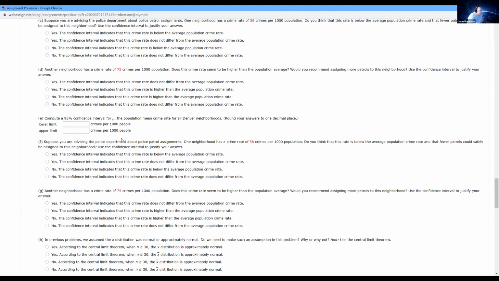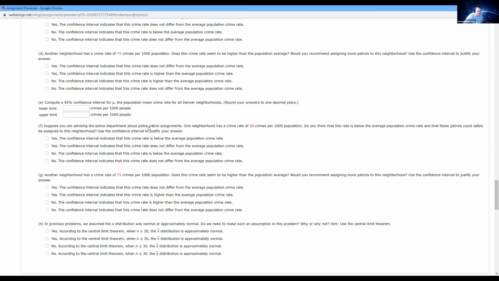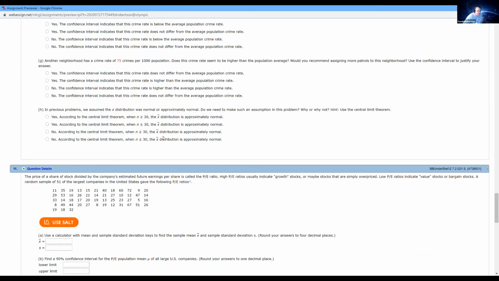If you don't know the standard deviation, you need a sample size greater than or equal to 30 before you should do the test. Secondly, if you know that the population is normal, then you do not need to worry about sample size. You can do it with 5 people if you felt like. And there are little tweaks that happen based on that, but that's basically the major rules.